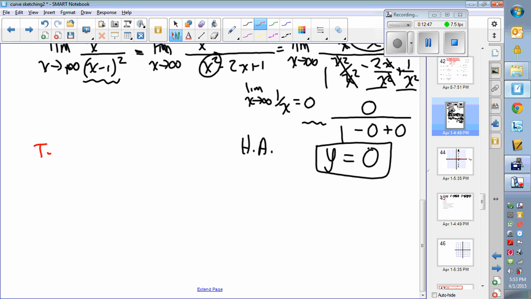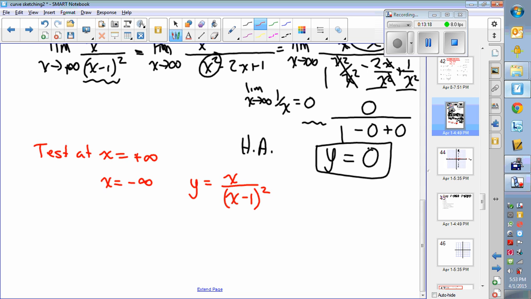We want to test at x equals positive infinity, which is impossible, so we'll just choose a large positive number, and we'll test at x equals negative infinity, which means we'll choose a very large negative number, and plug those into the function. What's my function? It is still x over x minus 1 squared.